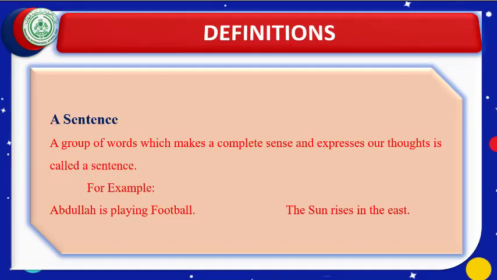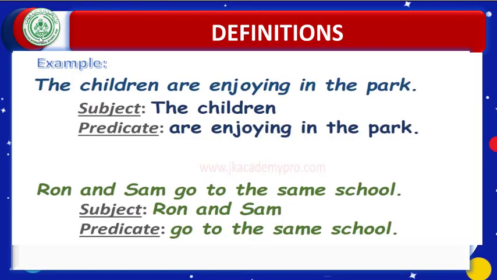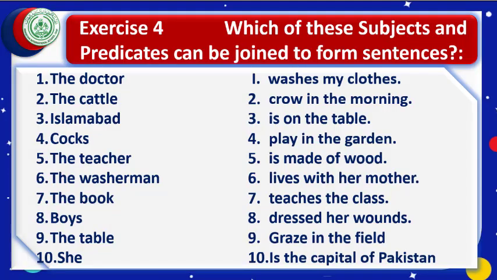Yes, students, this is the first definition that you will learn and write. These are second and third definitions, subject, predicate. Yes, these are their examples. This is exercise 3. You can see it from here to do it in your notebook. This is exercise 4 to do it in your notebook.